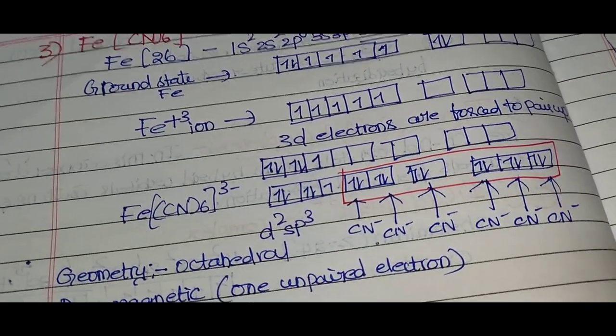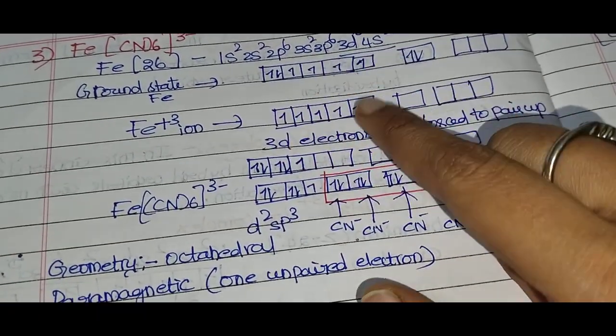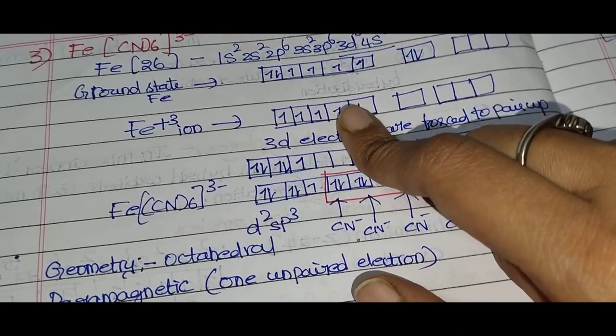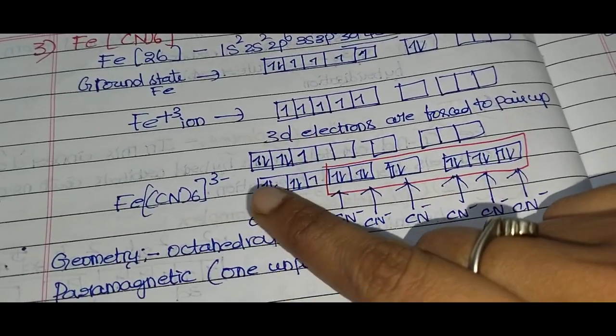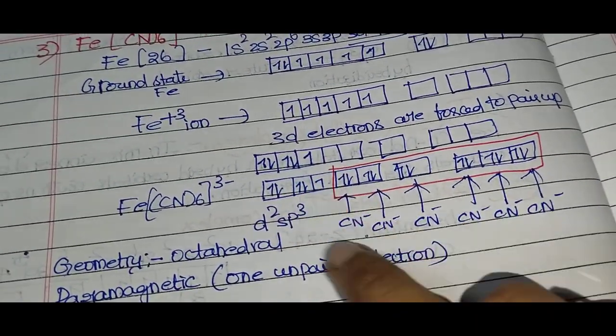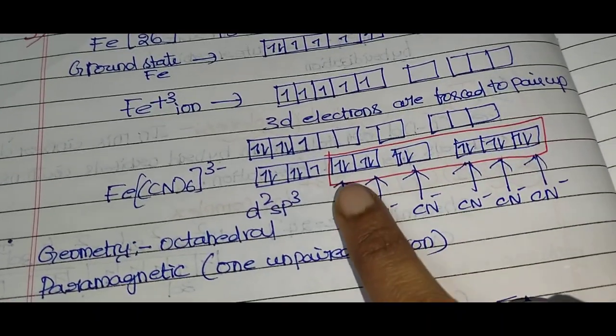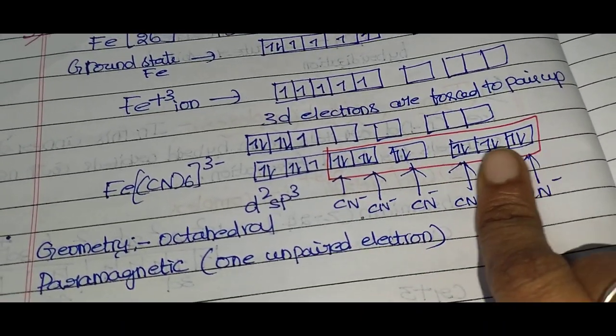For that, all should be paired. So 1, 2, 3, 4, 5 should be paired. So these 2 electrons will come and pair here. So 1, 2, 3, 4, 5. So all these are paired and 6 vacant places are there now. Again, the CN ligands will occupy these.